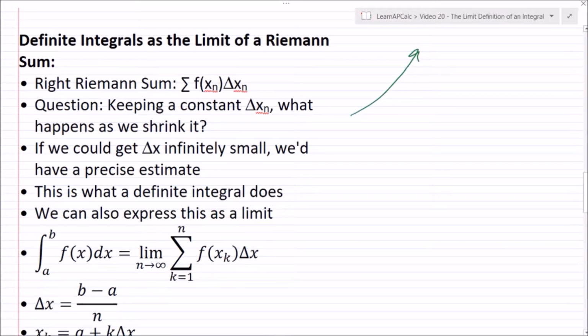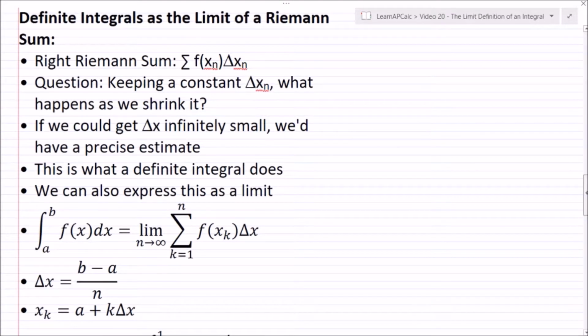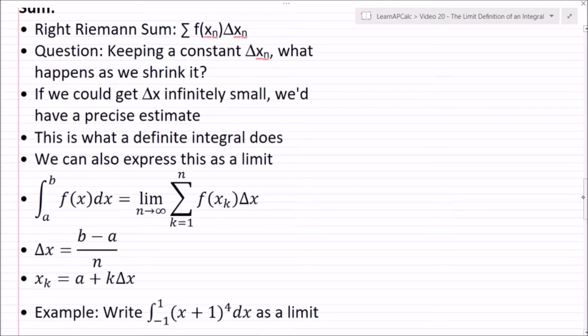So going from, say, this estimate to this estimate. Well, we're going to get more precise. So if we can get delta x infinitely small, we'd have an exact estimate. And so this is what a definite integral does, but we can also express this as a limit.